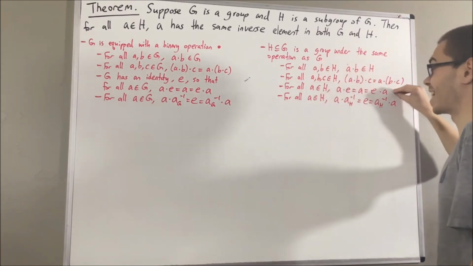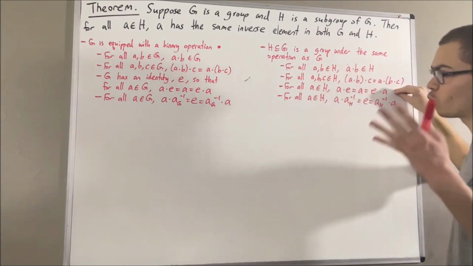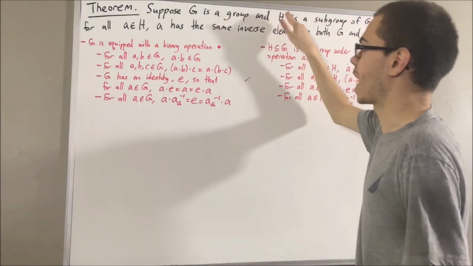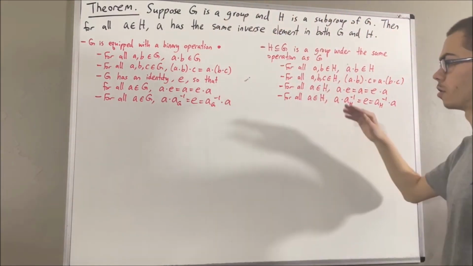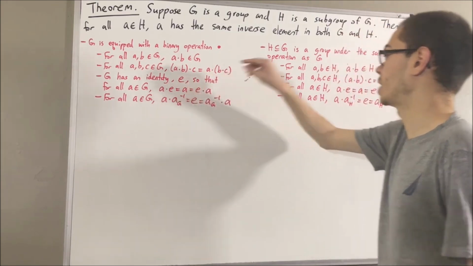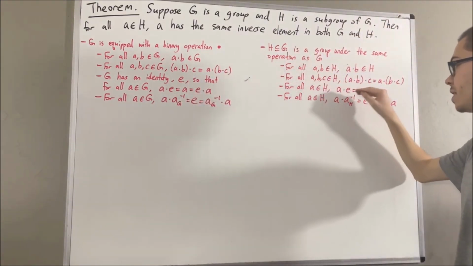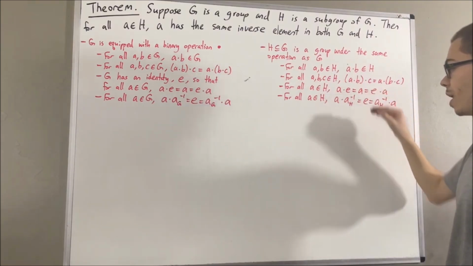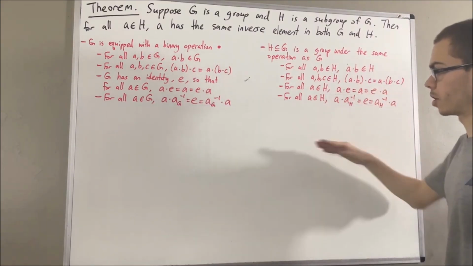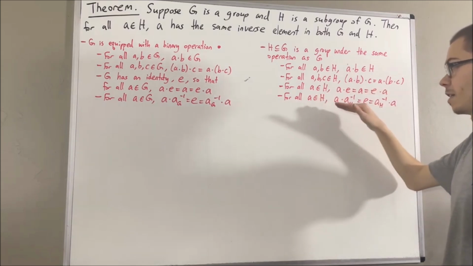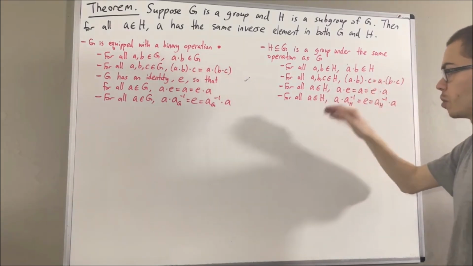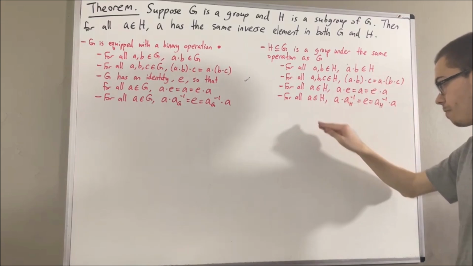H has an identity element, and in fact, we have proven that G and H have the same identity element. So E is also the identity element of H. So for all A in H, A times E is equal to A, and E times A is equal to A. And also, every element of H has an inverse. And for now, we will denote the inverse of A in H as this.